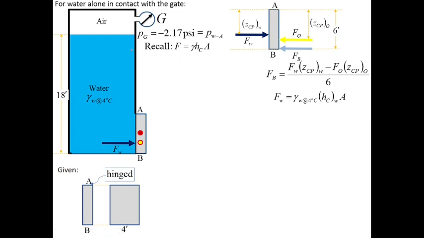This is our assumption of the temperature of water to be at 4 degrees Celsius, so we consider the unit weight of water at 4 degrees Celsius. Take note that the gauge pressure of air is negative 2.17 psi, which is the pressure at the water to air interface, measured to be negative 2.17 pounds per square inch.